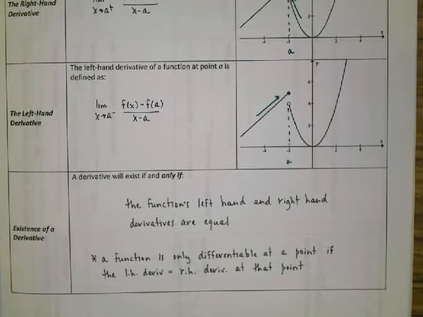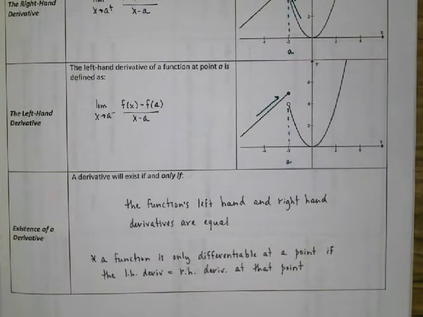So we can talk about the derivative existing at that point, and we can also talk about the function being differentiable at that point. That's what we're going to be looking at today: deciding how we know if a function is differentiable at a point or not.